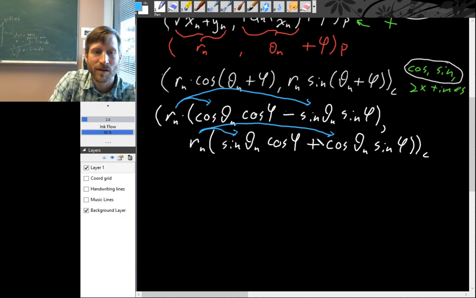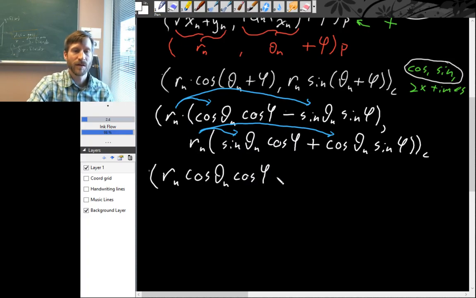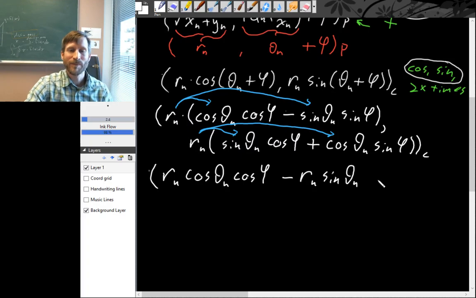We'll distribute r sub n. And we end up with r sub n times cosine of theta sub n times cosine of phi minus r sub n times sine of theta sub n times sine of phi.